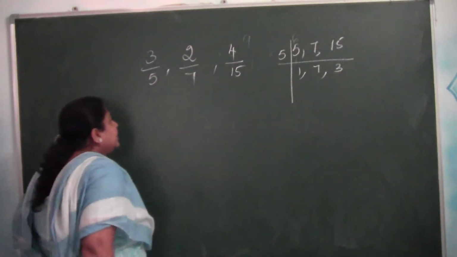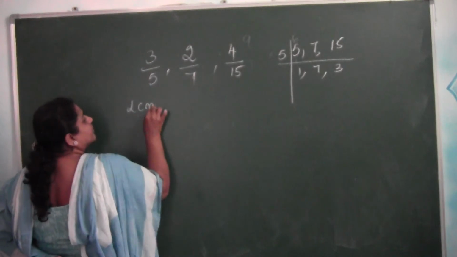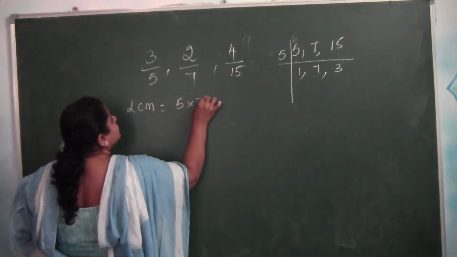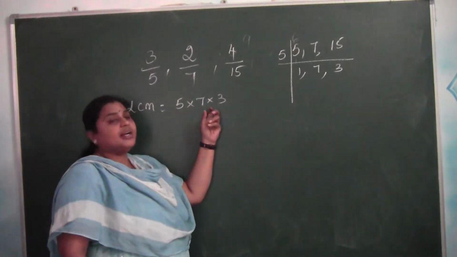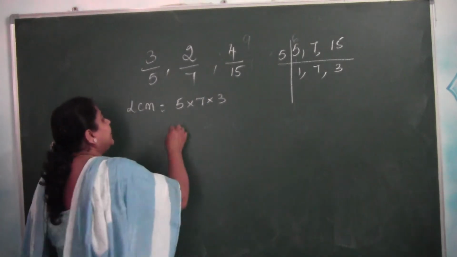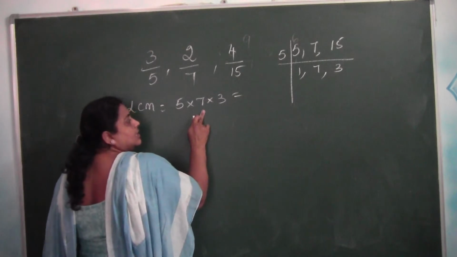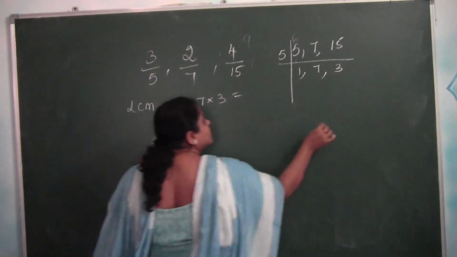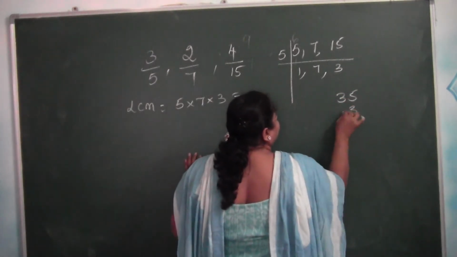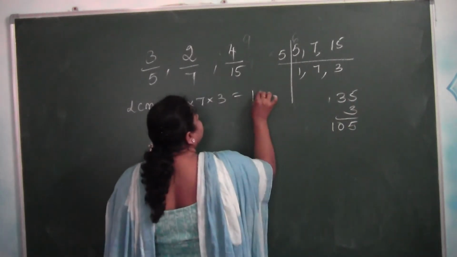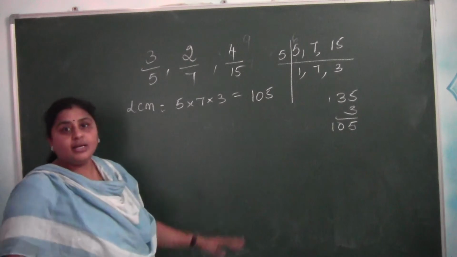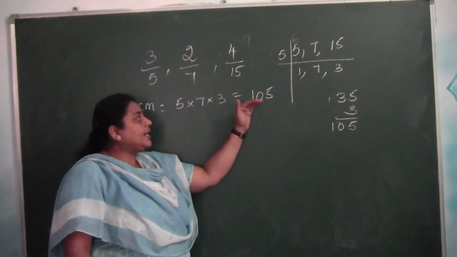What is the LCM we got? 5 into 7 into 3. 5 sevens are 35, 35 threes are 105. So my LCM is 105.